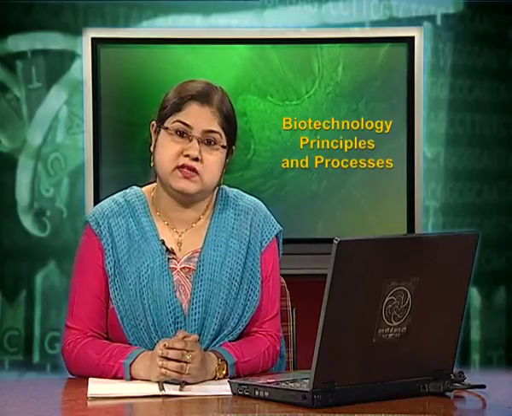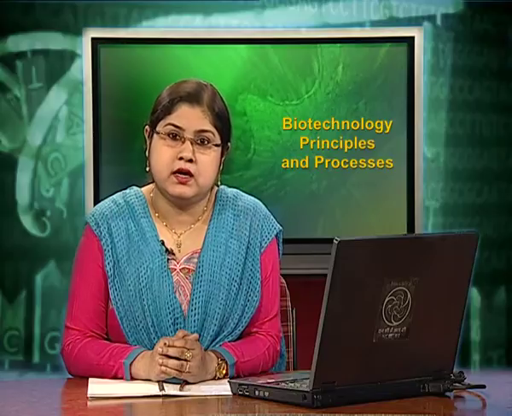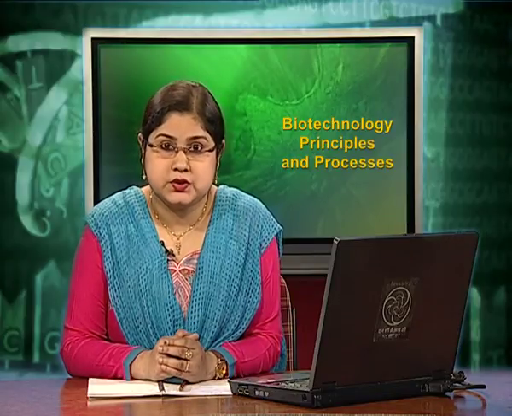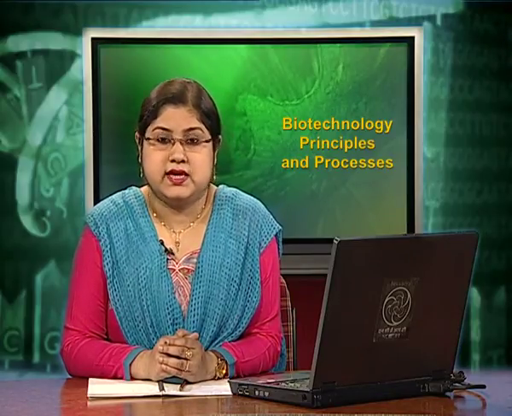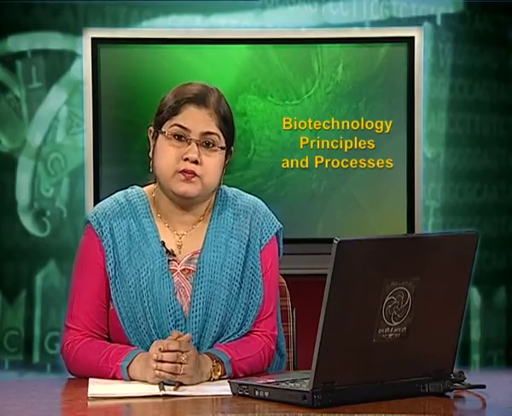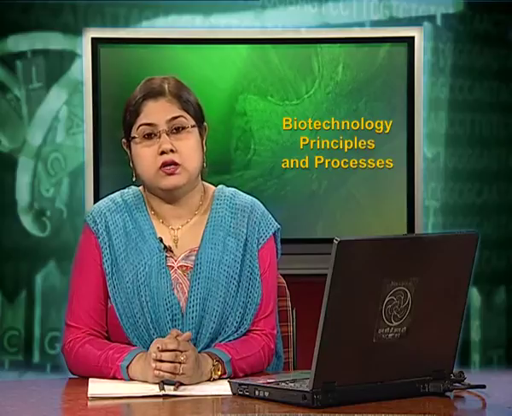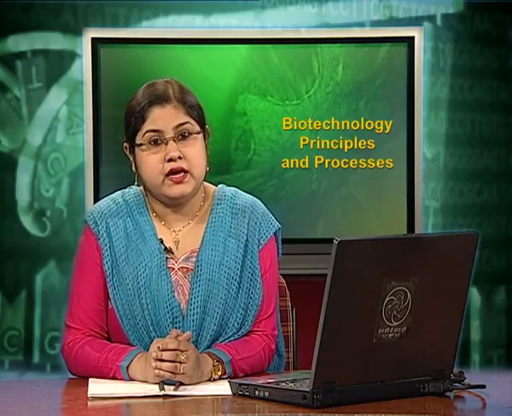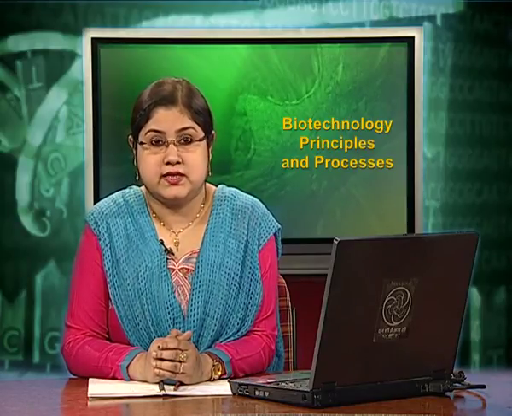This can be achieved by treating the bacterial cell or plant or animal tissues with enzymes such as lysozyme for bacteria, cellulase for plant cells, chitinase for fungus cells. As you know, genes are located on long molecules of DNA intertwined with proteins such as histones.